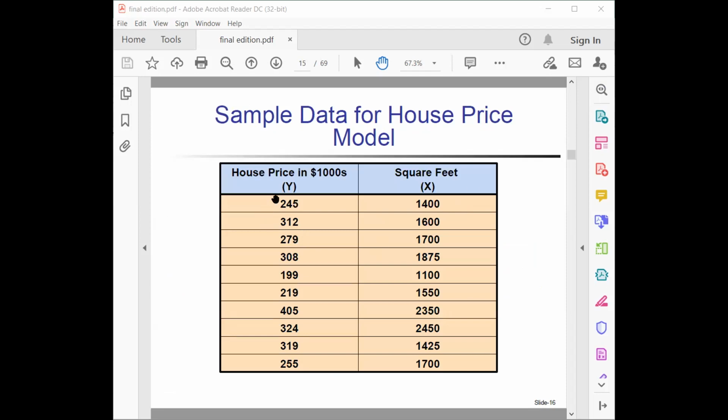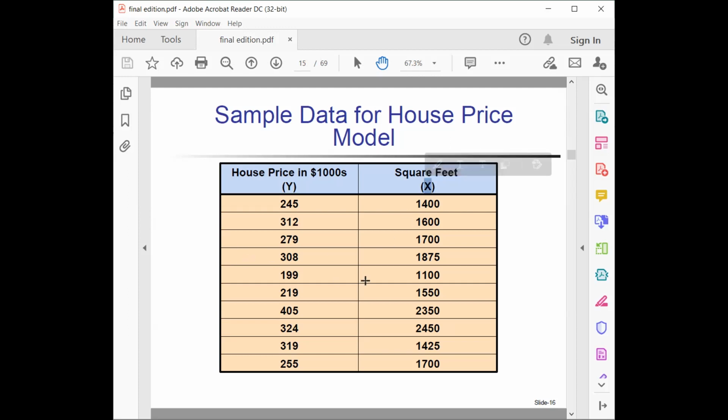You can see here, for example, this is the house price in this data in times of $1,000, and we will put this data on the y-axis, and this is the square feet, the size of the house, no matter the units, and it will be put on the x-axis.